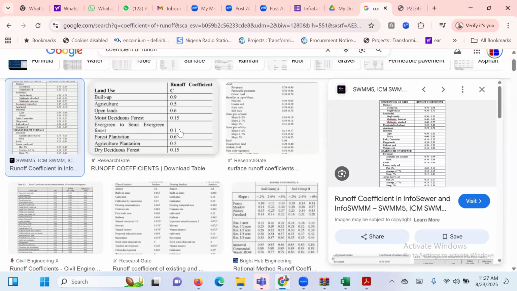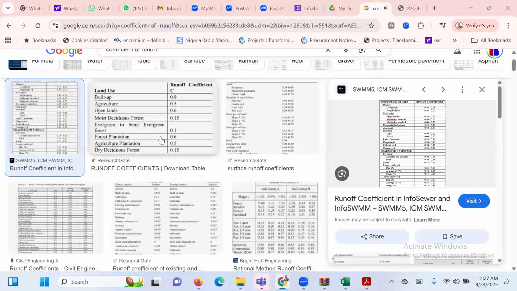It says forest, 0.15. What this coefficient is saying is that built up area means 90% of the water that falls will generate runoff, while forest, only 15%.